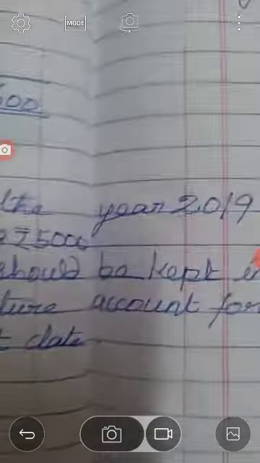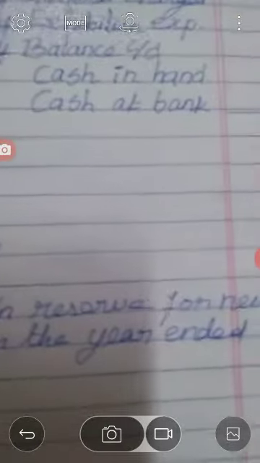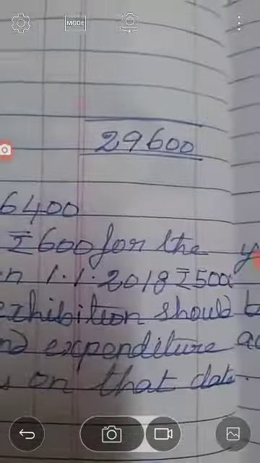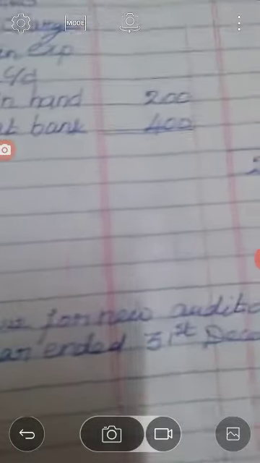Then surplus on account of exhibition should be kept in reserve for new auditorium.